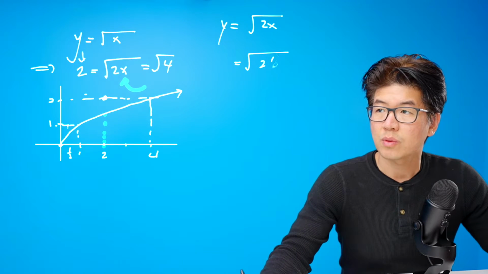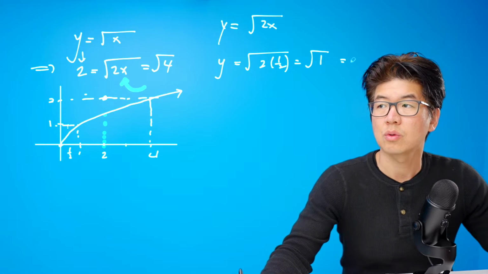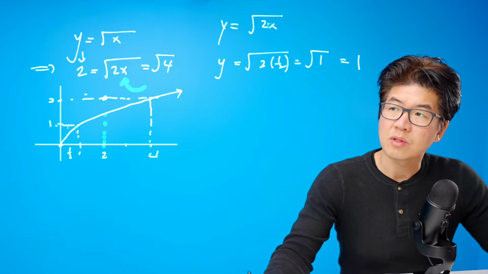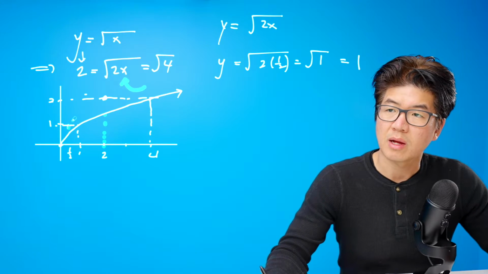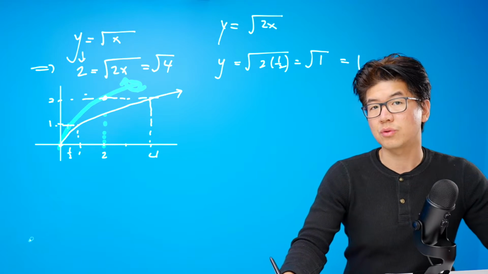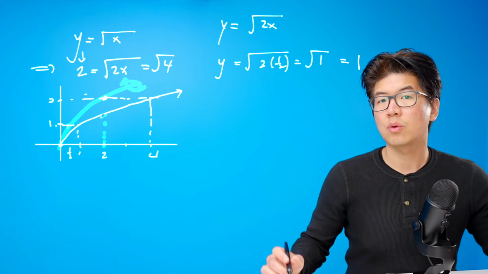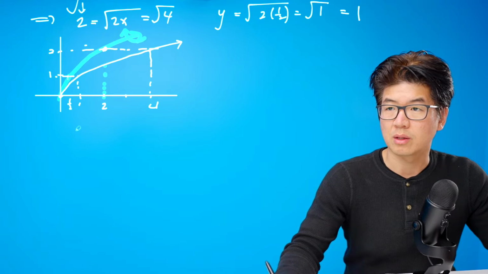And if you replace x with half here, precisely you get root of 1, making y equal to 1. So the result of having this 2 in front of the x compresses the graph exactly horizontally by a factor of 2. Okay, so this is something you should already know. I'm just going through the logic with you here, just in case you've forgotten.